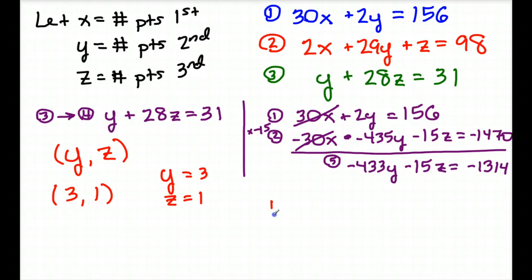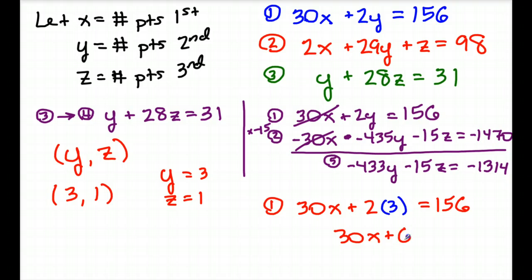So for equation 1, we have 30x plus 2 times 3, since y is equal to 3, equals 156. If I solve this equation for x, I'll be done. That gives me 30x equals 150, and so x comes out to be 5.